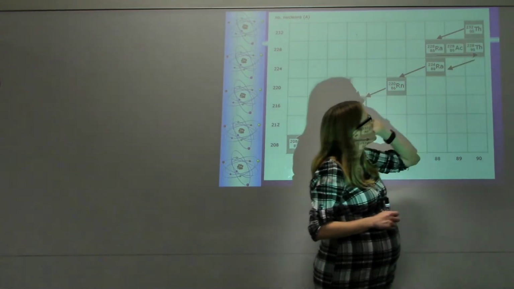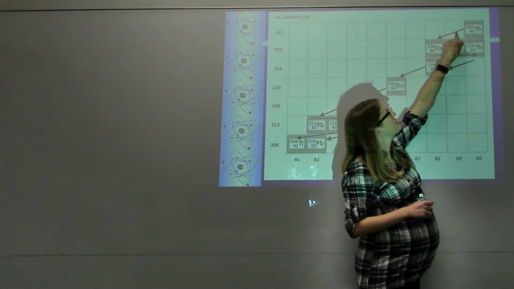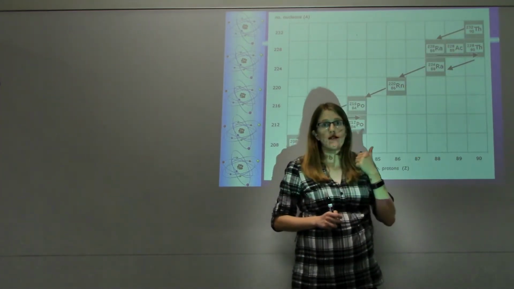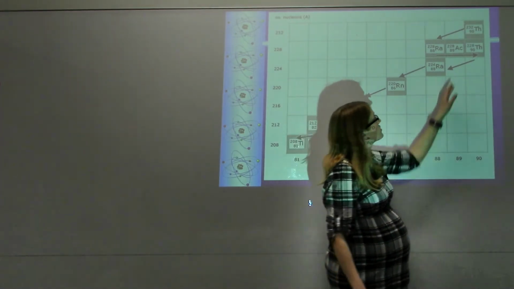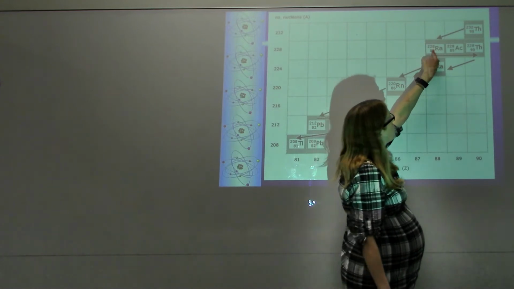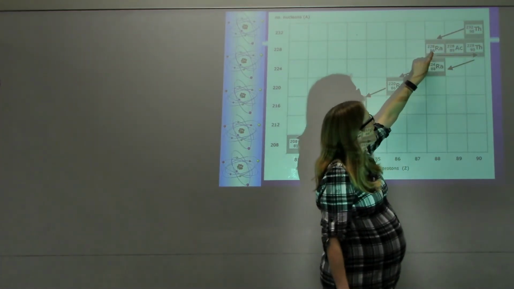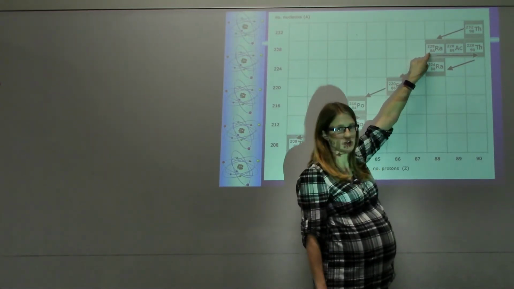Then, as we come down, every time it goes through a reaction, which every time we see one of these arrows, that is a natural occurring decay to make the isotope become more stable. So this one is more stable than this one. And as it comes down, now it's become this. This is the daughter isotope.